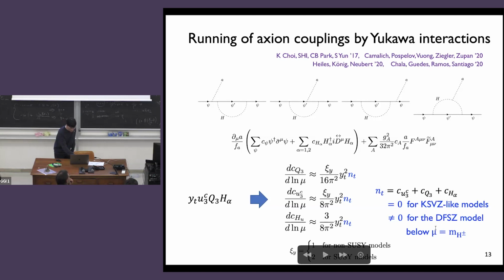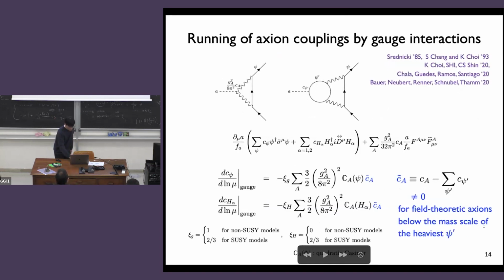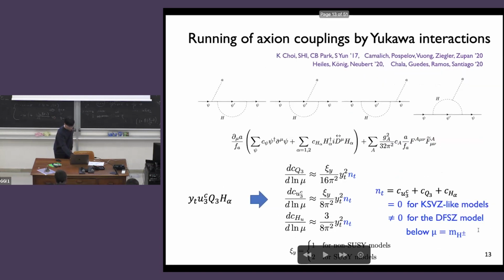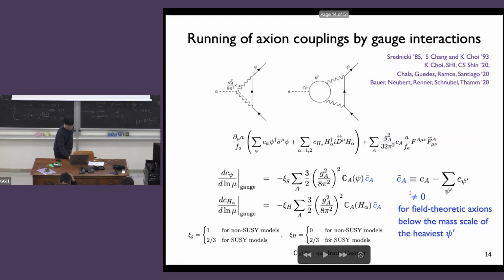So in the original DFSZ model, the one loop running takes place below the mass scale of the heavy, charged Higgs. Because at one loop level, for KSVZ-like models, this renormalization doesn't happen, we have to consider the two loop level also.